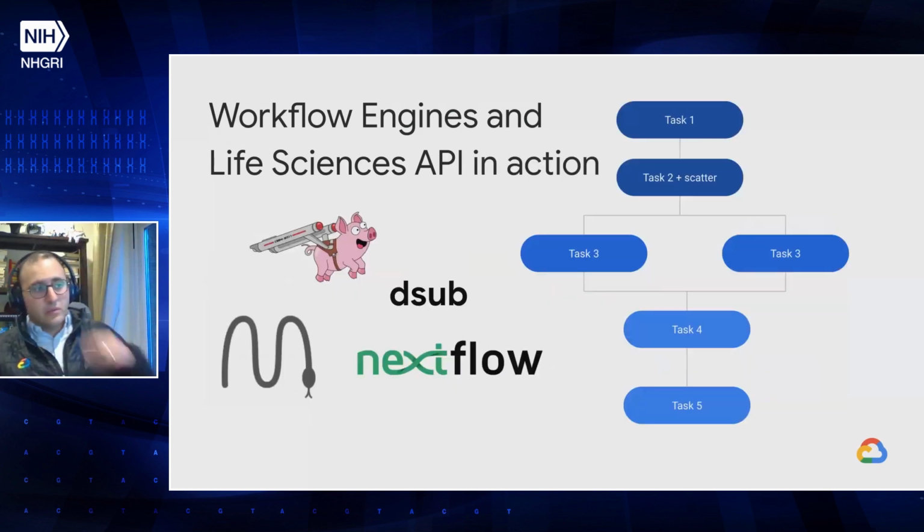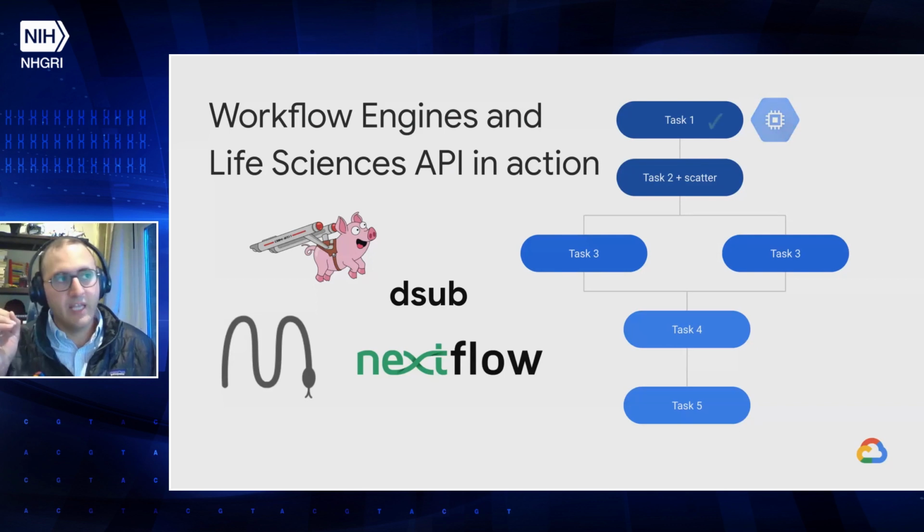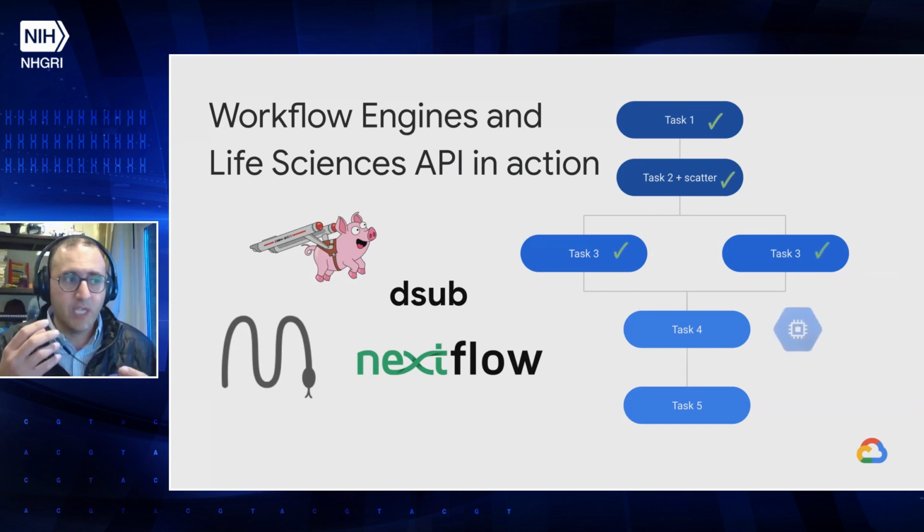So just to quickly show you how this workflow works in cloud, let's say you have this as an example of a pipeline where you have one task, another task, then you scatter across different intervals of the genome, for example, and then you gather this data and start processing again. What will happen is you'll have one machine, and once the task is done, it is going to be deleted. Another virtual machine is created for each task.